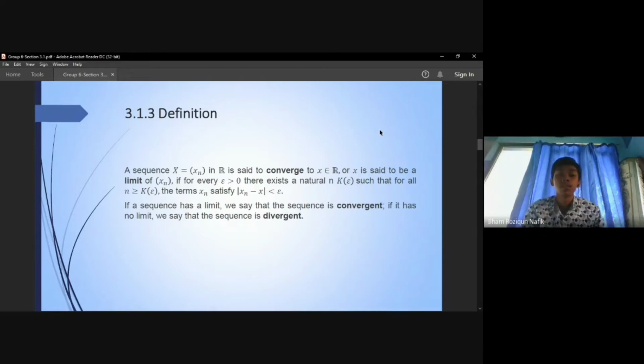If a sequence has a limit, we say that the sequence is convergent. If it has no limit, we say that the sequence is divergent.